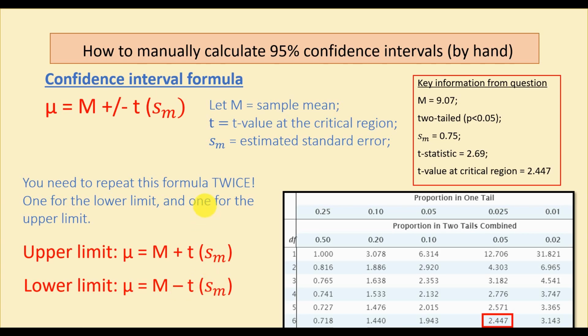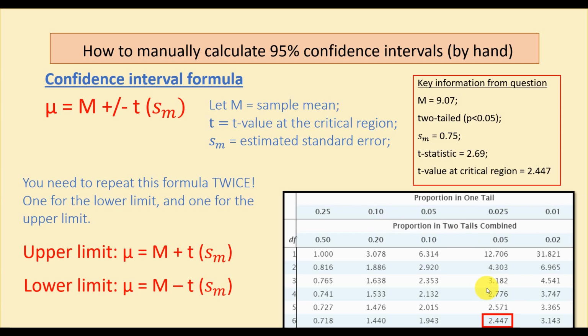Something that's important to mention here is that this t-value is not our actual t-value from the result. This t-value is actually coming from what is known as the critical region within the t-distribution table. So you can see here I have a table that I've copied and pasted from a textbook. These are available online, and if you're using a textbook, it should be at the back of the book.